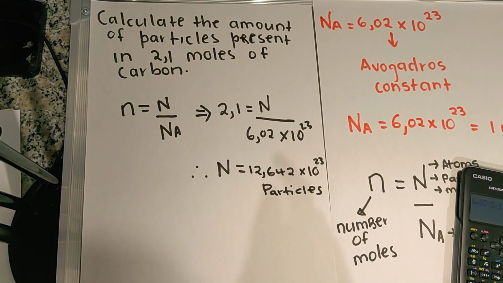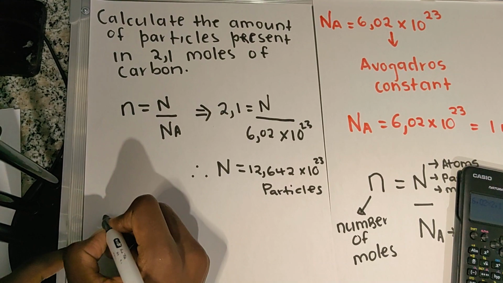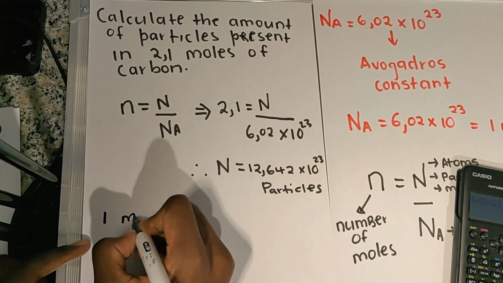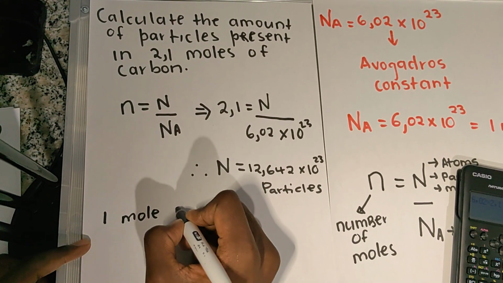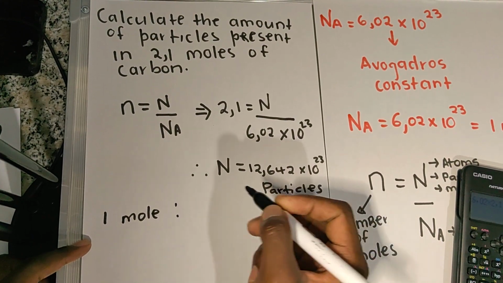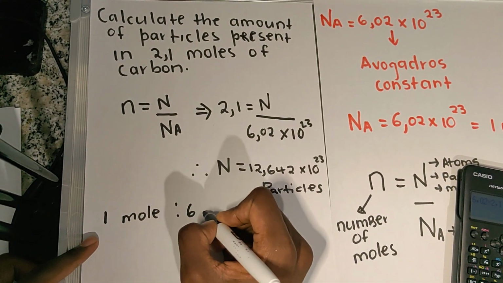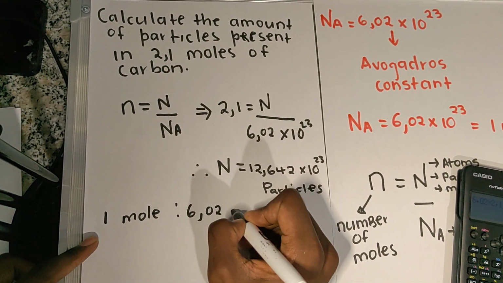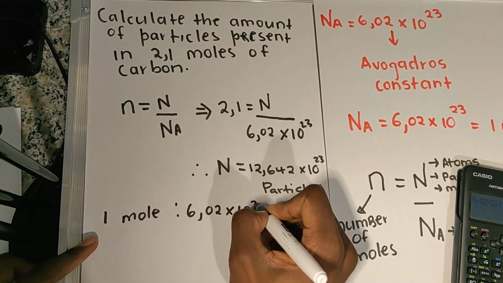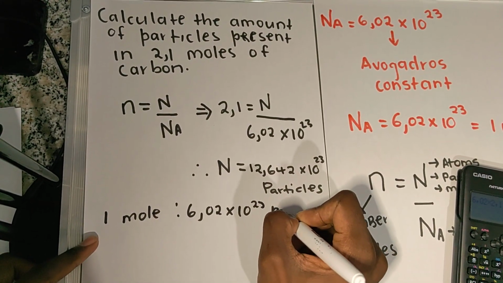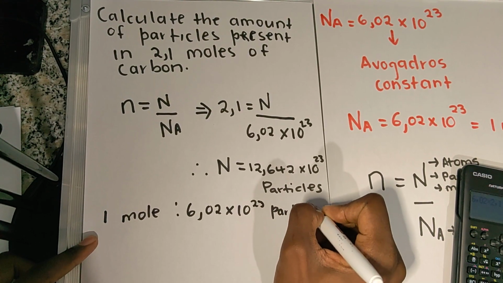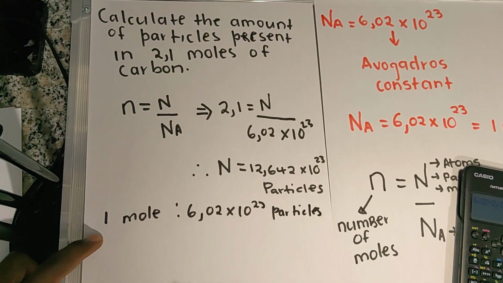Now we understand that we can use this as a conversion factor again between particles and the number of moles. We understand that 1 mole is equivalent to how many particles? It's equivalent to 6.02 × 10^23 particles. So now this is our conversion factor. So what are we given right now?